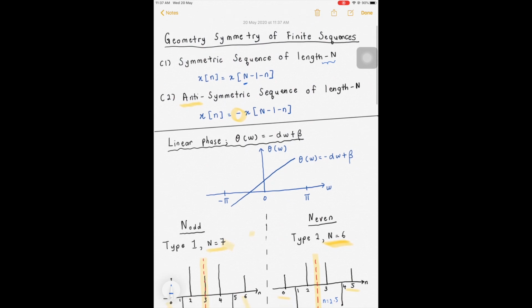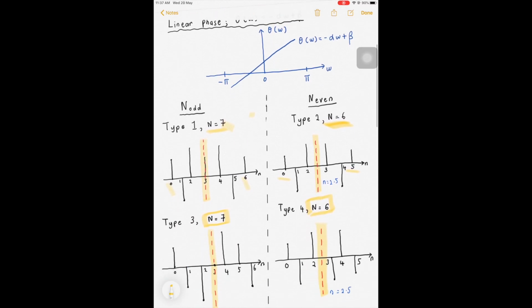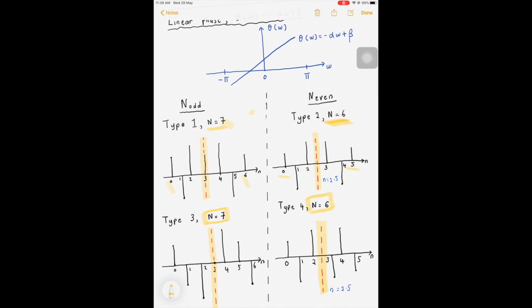Looking at this equation, symmetric is x[n] equal to x[N minus 1 minus n]. For antisymmetric, it is x[n] equal to minus x[N minus 1 minus n].